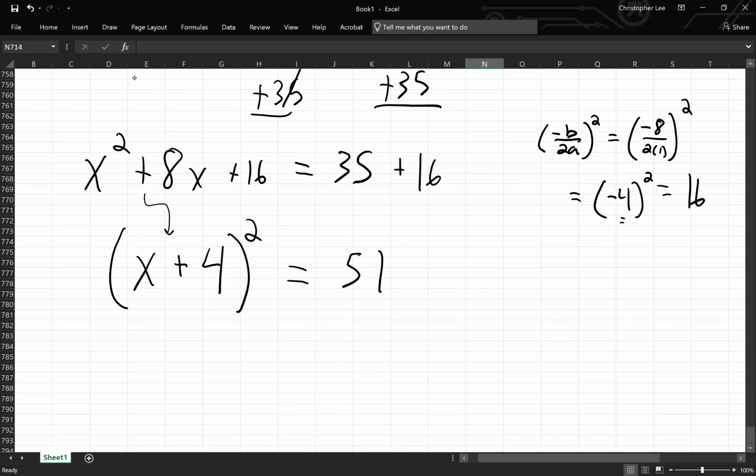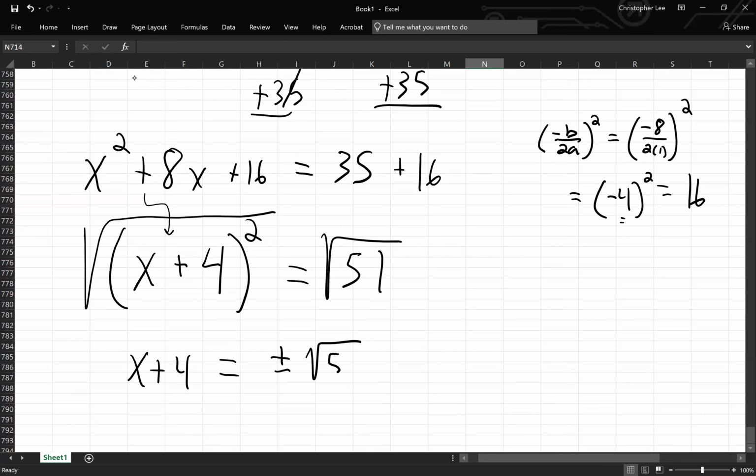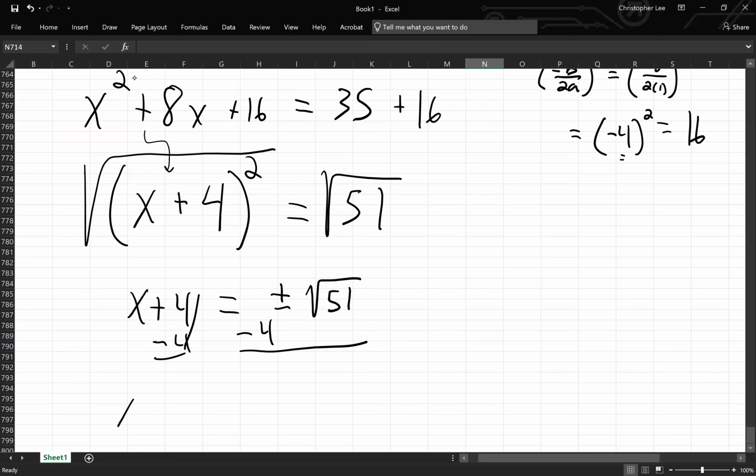Keep it simple, right? So I'm going to square root both sides. What I do to one side, I've got to do to the other. X plus 4 is equal to plus or minus the square root of 51. Then you want to subtract 4 from both sides. So I have x is equal to -4 plus or minus the square root of 51.